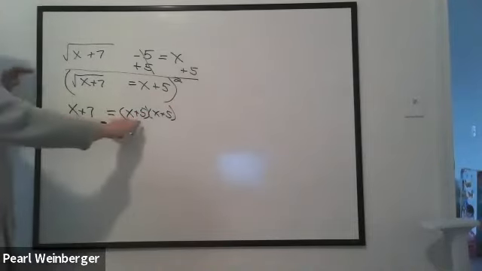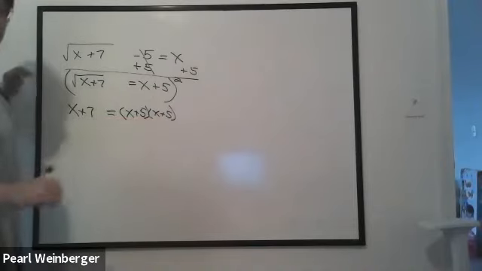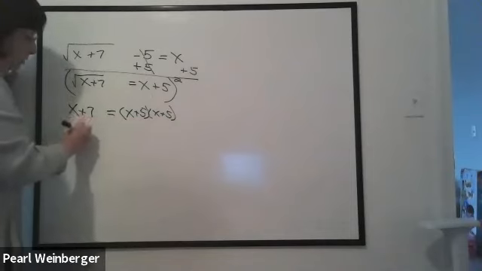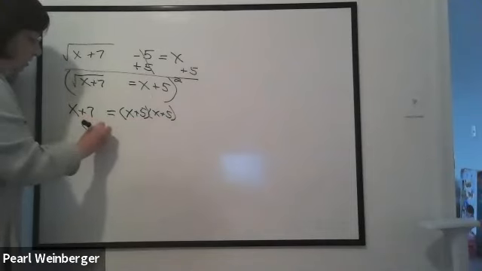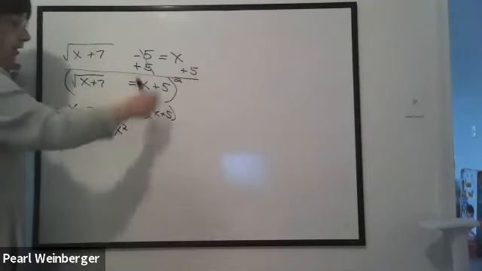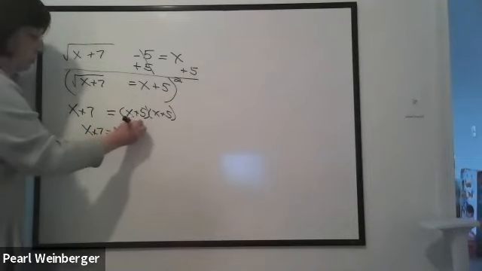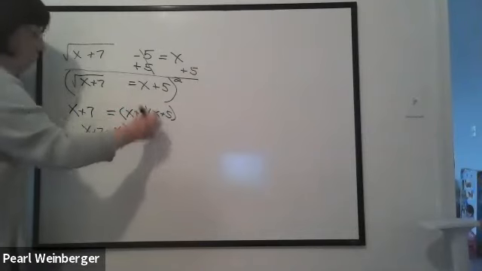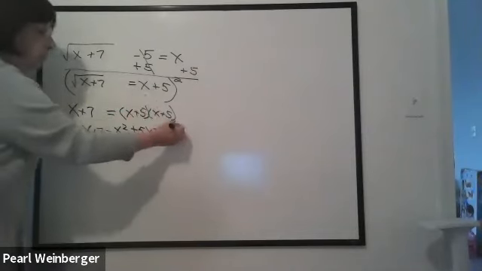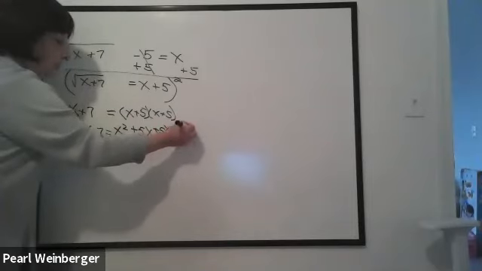Now, what makes this more difficult is that this is a binomial and I have to use FOIL. So this stays the x plus 7, and this becomes x times x, which is x squared. Outer is 5x, and inner is also 5x. And last is 5 times 5, which is 25.